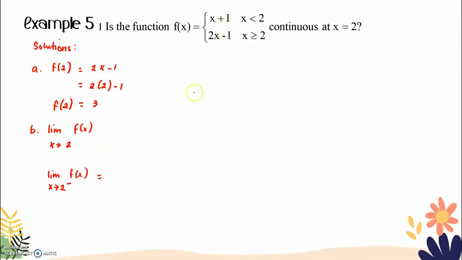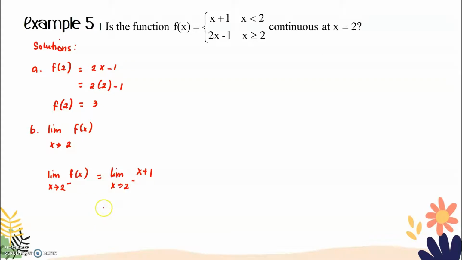Since the values of x are approaching 2 from the left, these are the values of x that are less than 2. So for the left-hand limit, we will make use of the piece of the function that is x plus 1. So we have the limit of x plus 1 as x approaches 2 from the left.